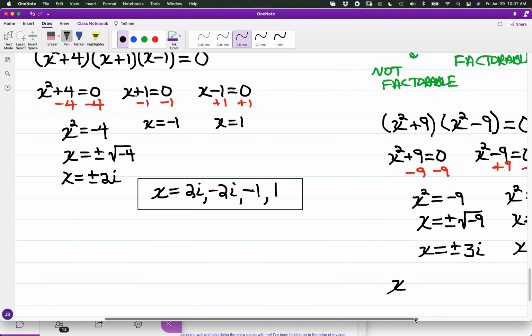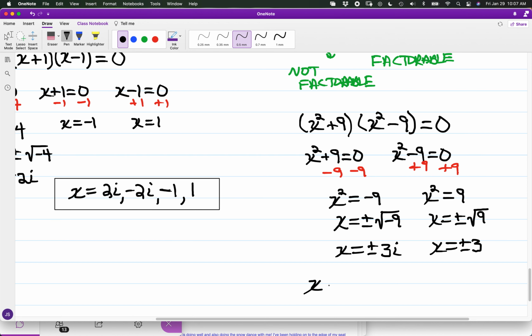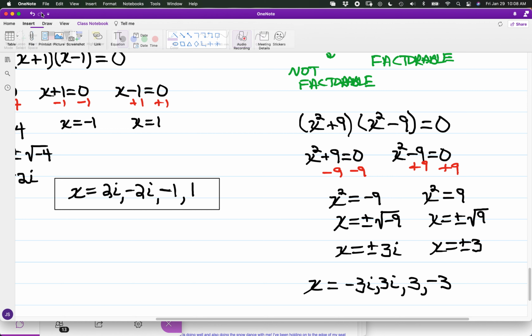So in the full display, for the solutions in x, we have negative 3i and 3i, as well as 3 and negative 3. Okay, so you have 2 complex roots and 2 real roots to make up all 4 solutions.